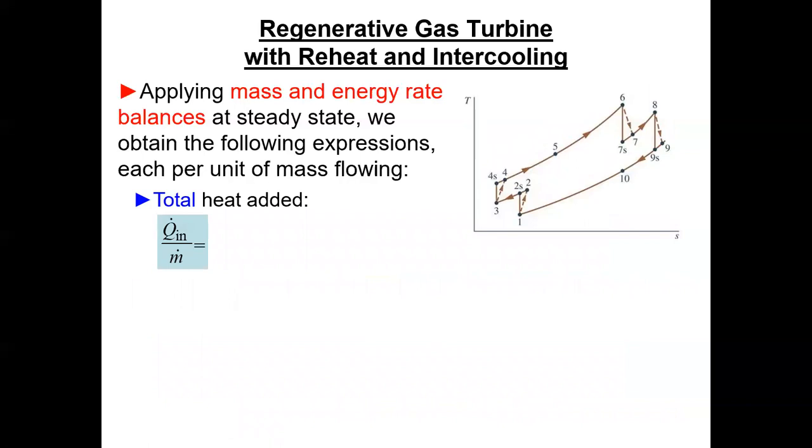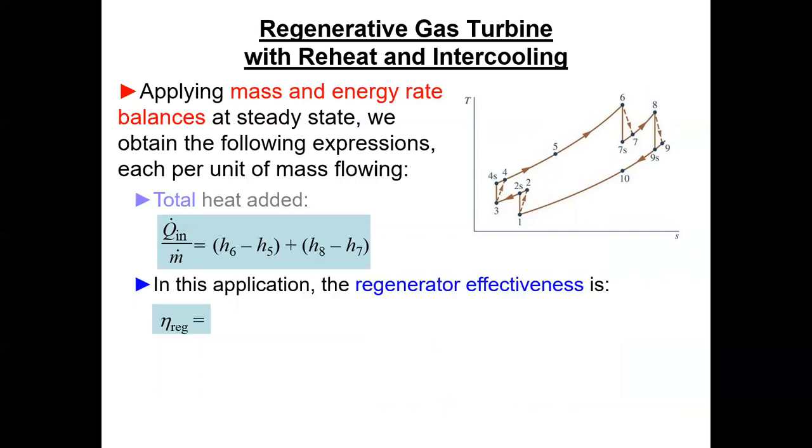Bingo. So then for the heat added, where are we adding the heat? Okay, we're adding the heat from 5 to 6 and from 7 to 8. So H6 minus H5, H8 minus H7, just what you'd think. Regenerator. Okay, so what's the regenerator?